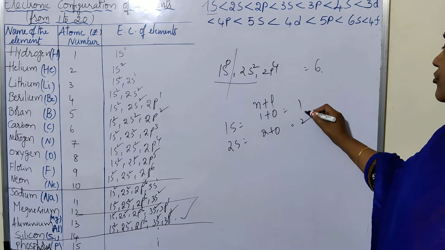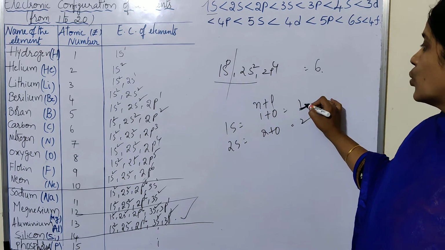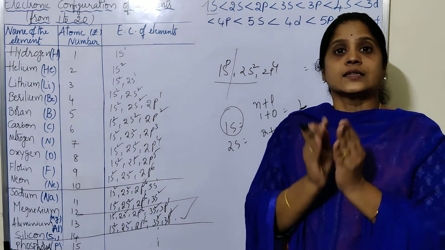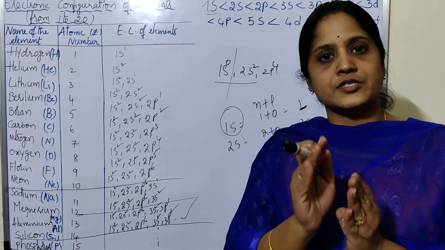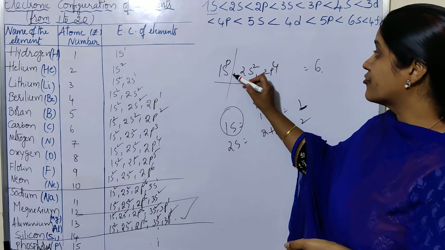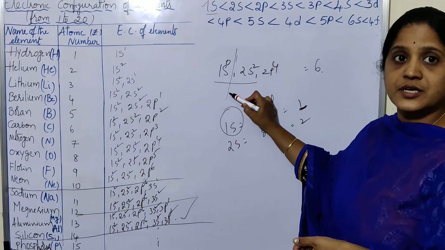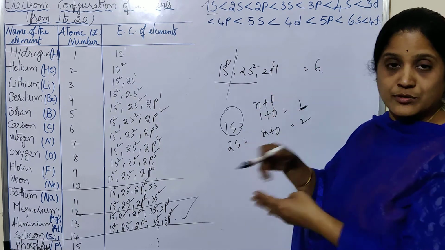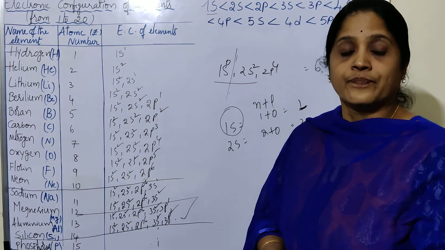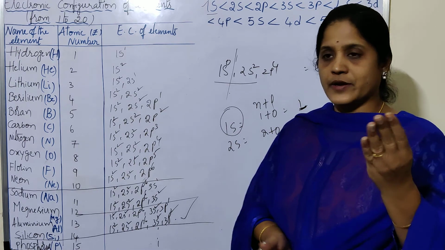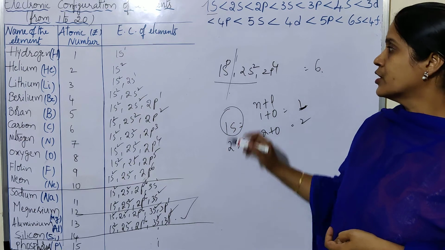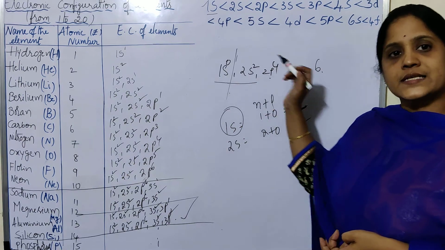So out of 1 and 2, which has the lowest energy? 1. So 1s has the lowest energy. So first you have to fill the electrons in the lowest energy orbitals. But here, without filling the lowest energy orbital, the electrons are filled in the next energy levels. So which rule is violated? The Aufbau principle, because in the Aufbau principle we have the n plus l method. So the Aufbau principle is violated.